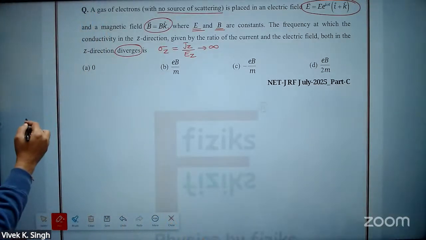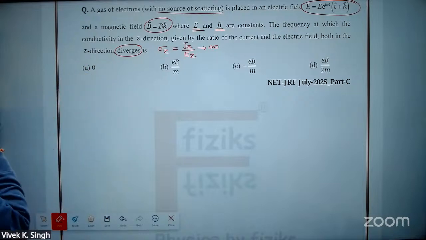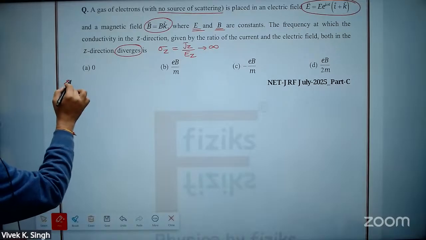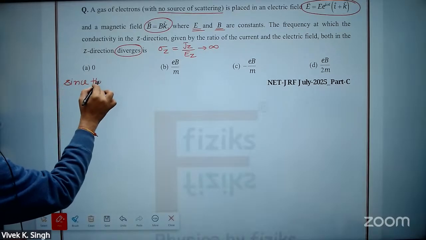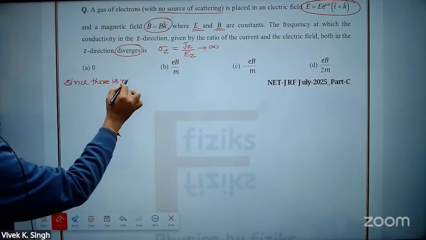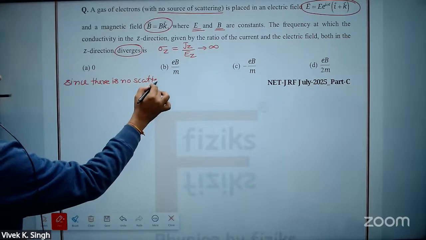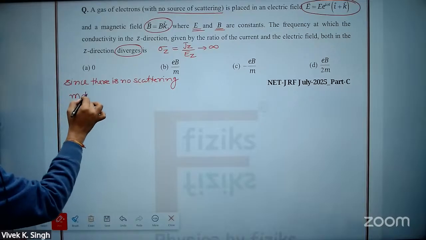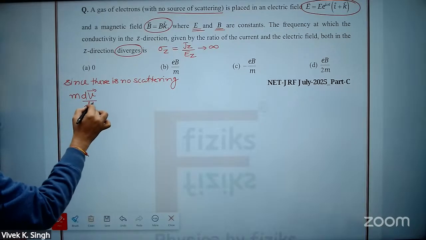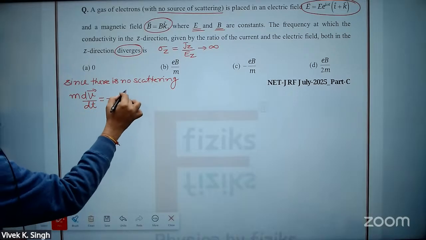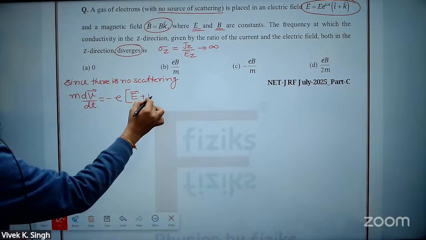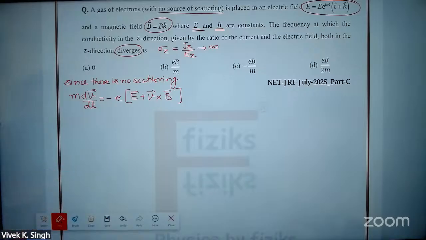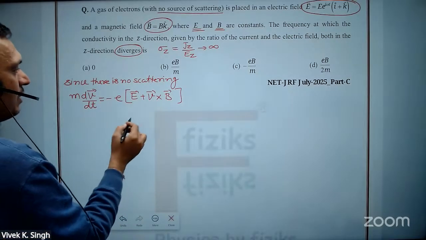So what we will do here, because there is no scattering, so the electron will experience, since there is no scattering, you can use the Lorentz force law. That is given by m dv by dt. The same equation can be used. This is minus E plus V cross B. So electric field is given, B is given.